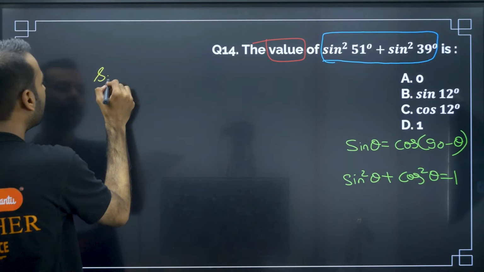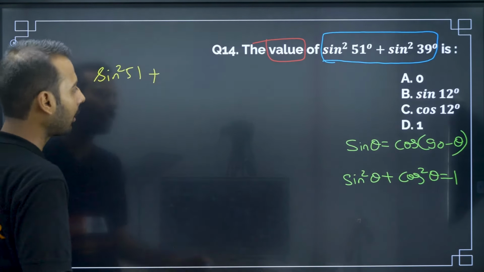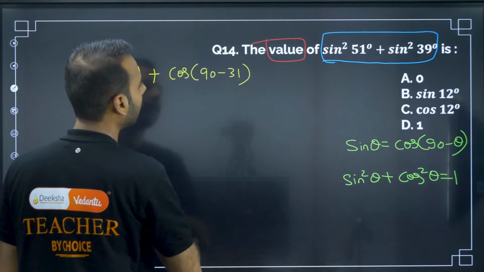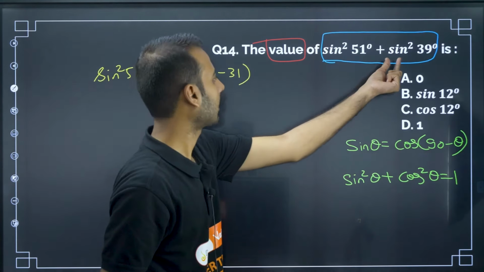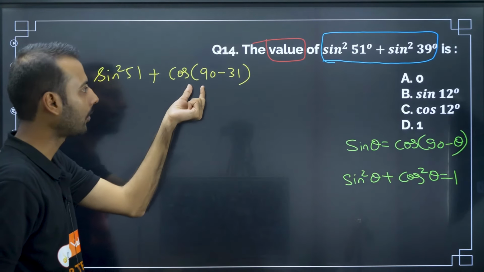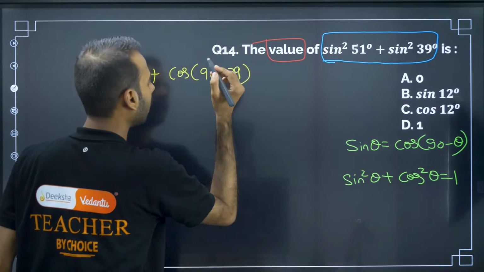So first let me write sine square 51 as it is, plus sine 39 can be written as cos of 90 minus 51. So sine theta can be written as cos of 90 minus theta. So for that I am writing cos of 90 minus theta, 39.